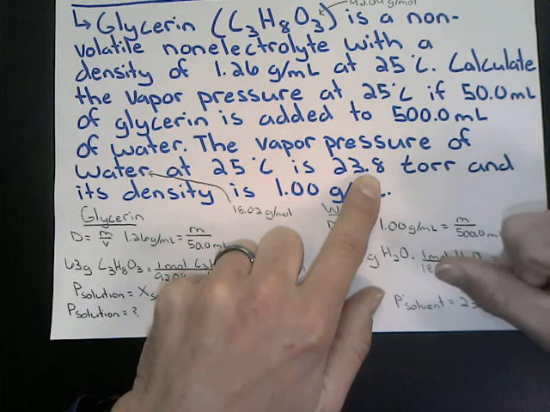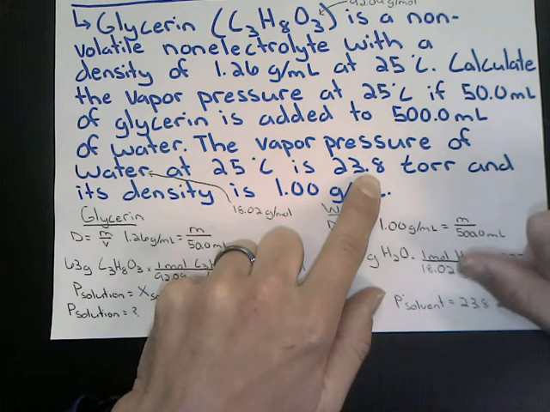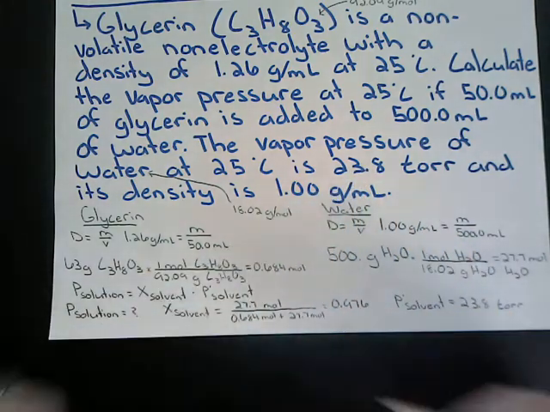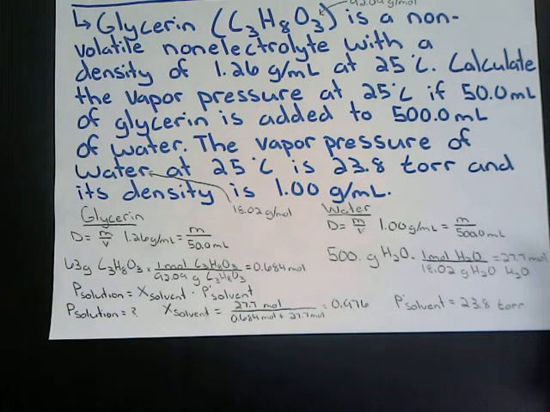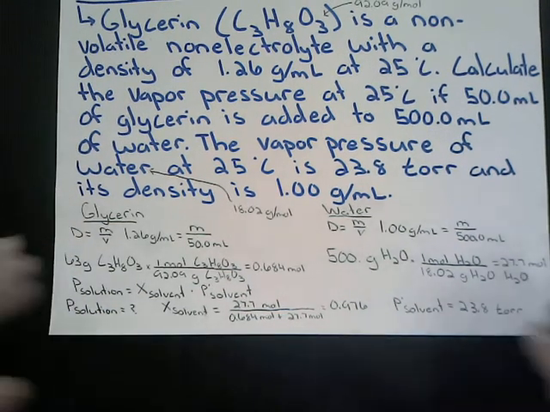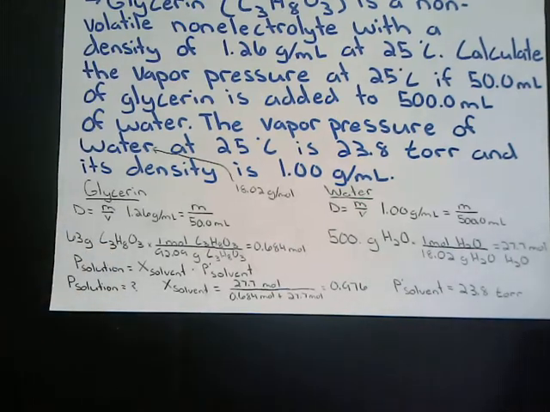And again, 23.8 torr is a value that can usually be found in an appendix, and that's where I found this value. But torr is just a unit of pressure. It doesn't matter what unit of pressure you use, as long as it is one unit of pressure.